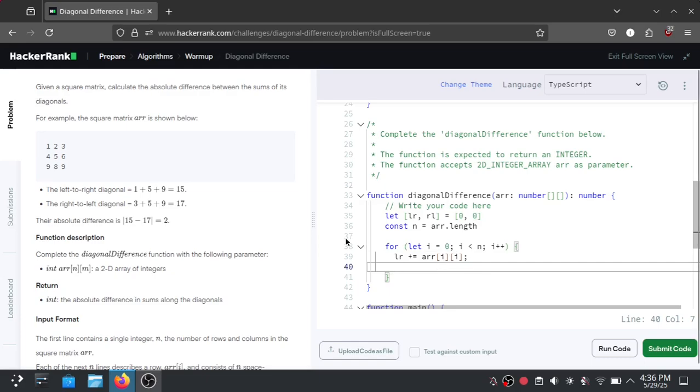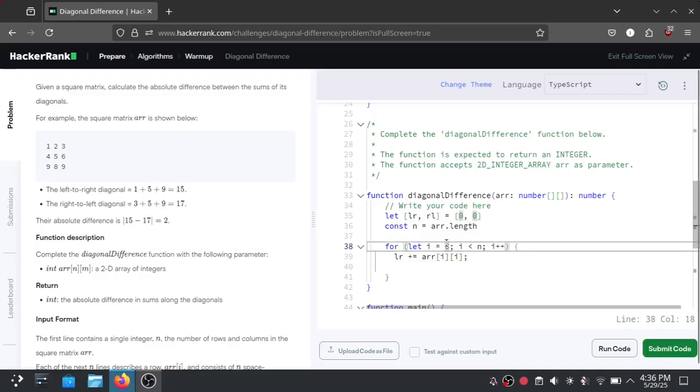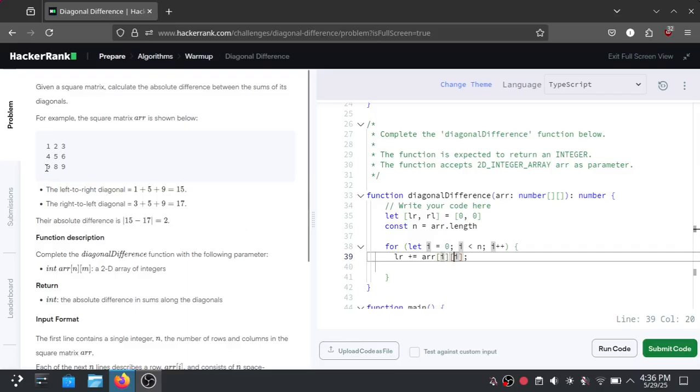And then for the final iteration, which is 2, it's still valid because we are still below the length, which is 3, and the iteration will continue, and then the array of the second element, and then the second dimension, which is also 2.